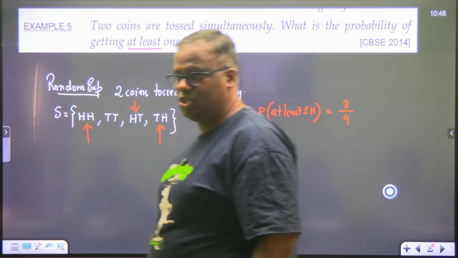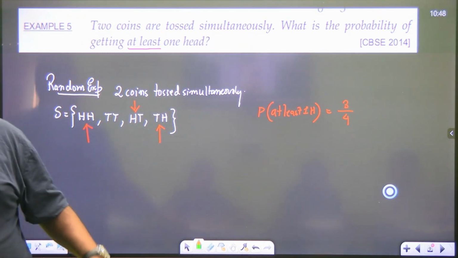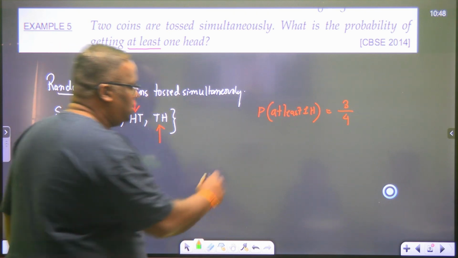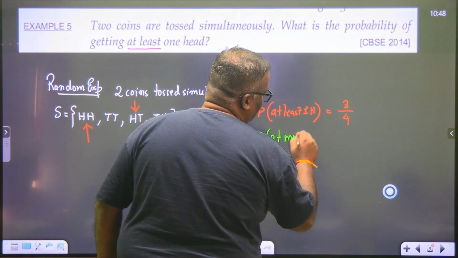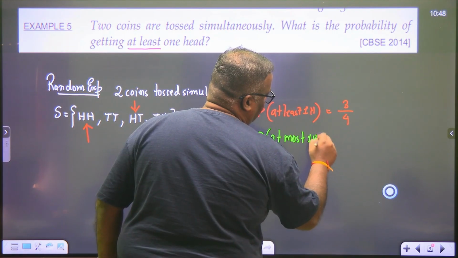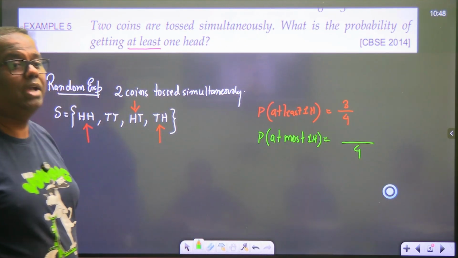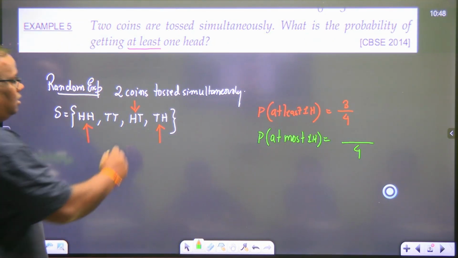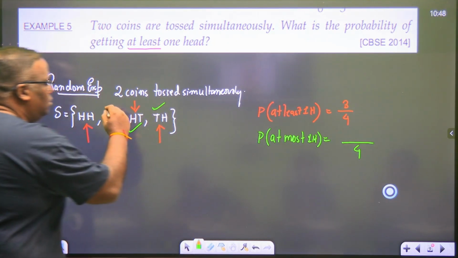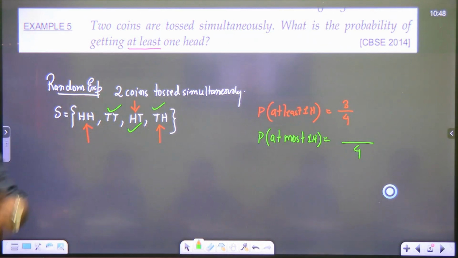So explain to me. At most. P, at most one head. At most one head means I've got 4 options. Out of it, at most maximum you can have is one head. This one no, this one also qualifies. This is what I wanted.